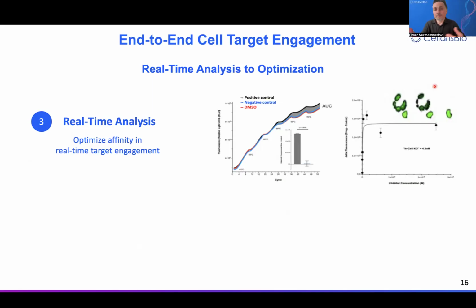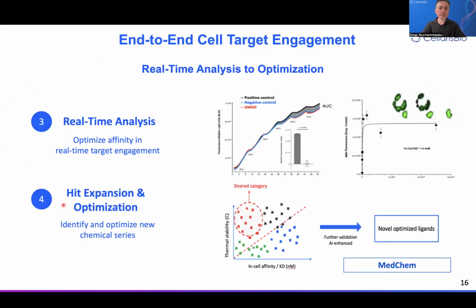Particularly important for degraders or molecular glues and novel modalities. And then finally, you can do hit expansion and optimization. So you can now generate a lot more analogs around the chemotype of your best molecules. And then you can iteratively go through multiple cycles and you can identify your novel optimized ligands. And then essentially you have a lot more speed and efficiency to your drug discovery and drug development process.